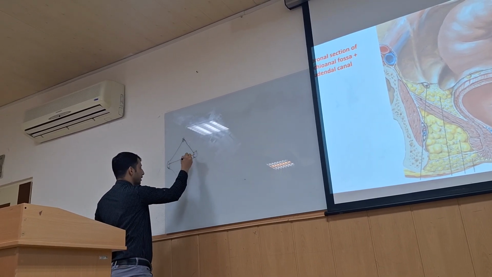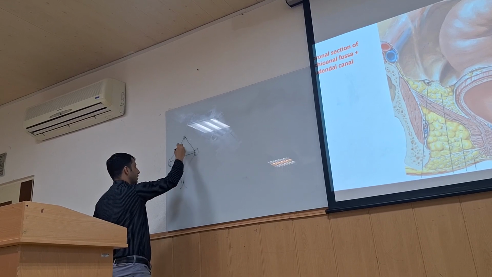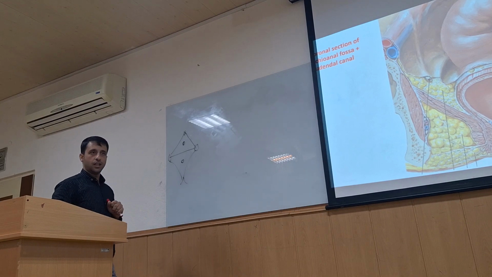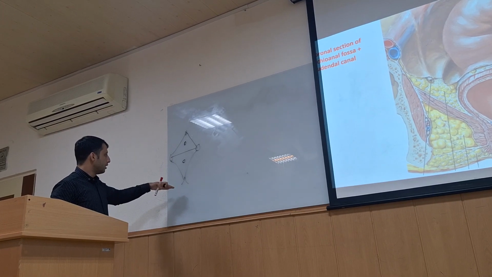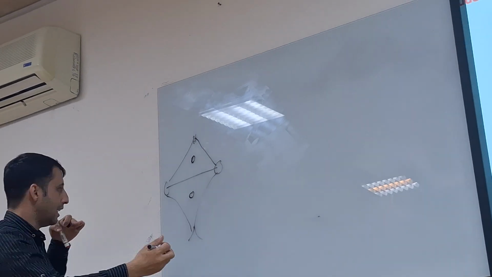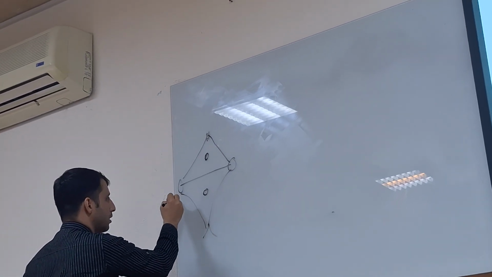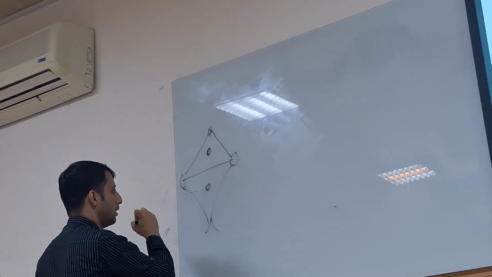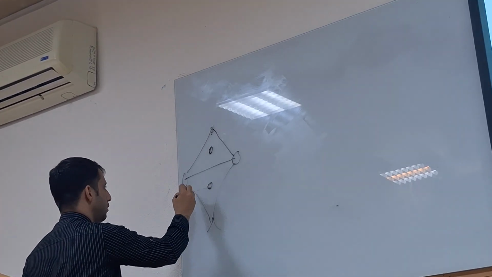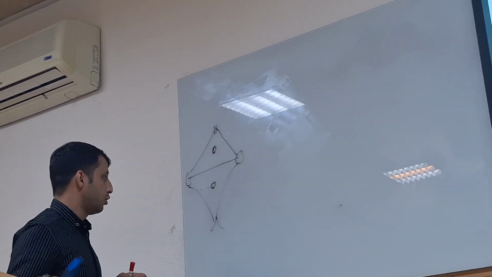So this is the anus, and this is, for example, the urethra. If I want to draw a section at the level of the anus, in this area, I should draw it better.